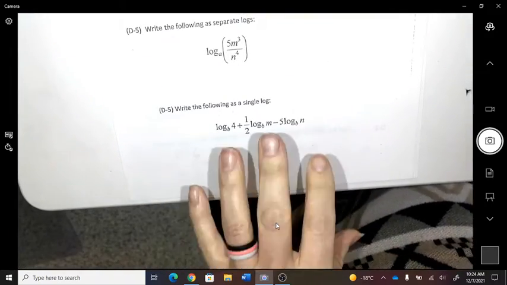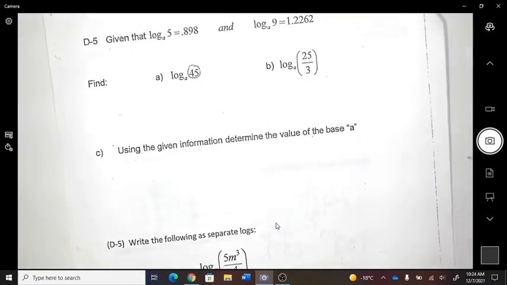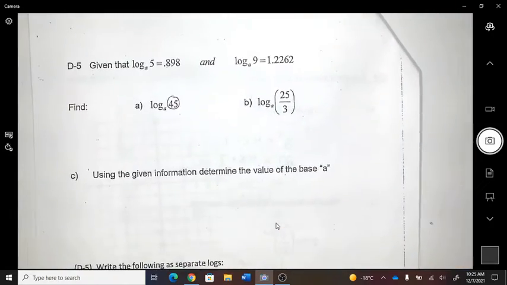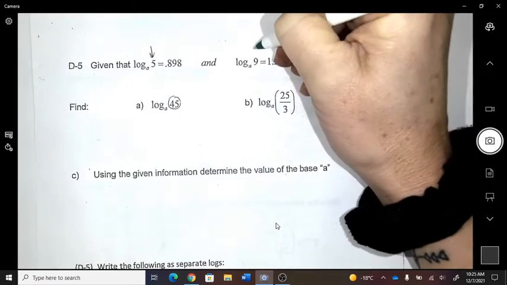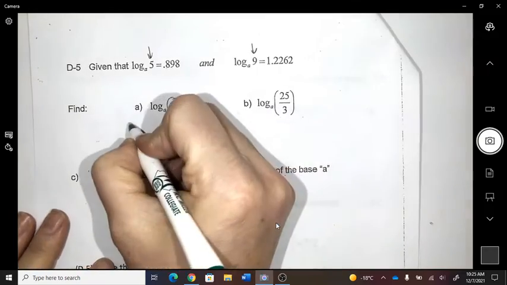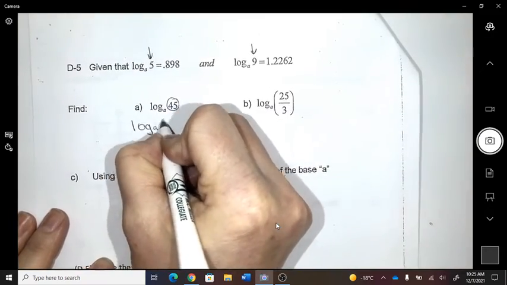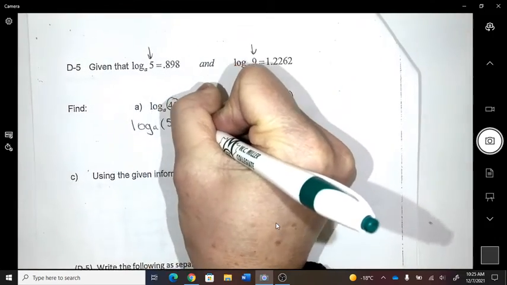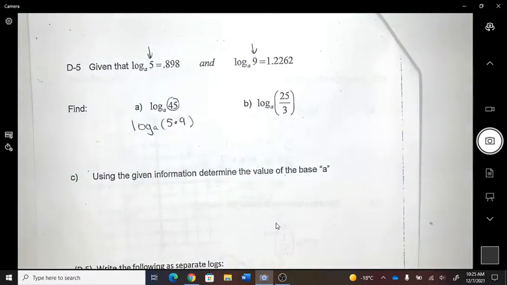I need you to think about, on this one, how am I going to come up with 45, and I'm only allowed to use a 5 and a 9, and I'm allowed to use multiplication, division, and exponent stuff. So how will you get yourself a 45? Did you think to do a 5 times 9? That's how you do a 45?